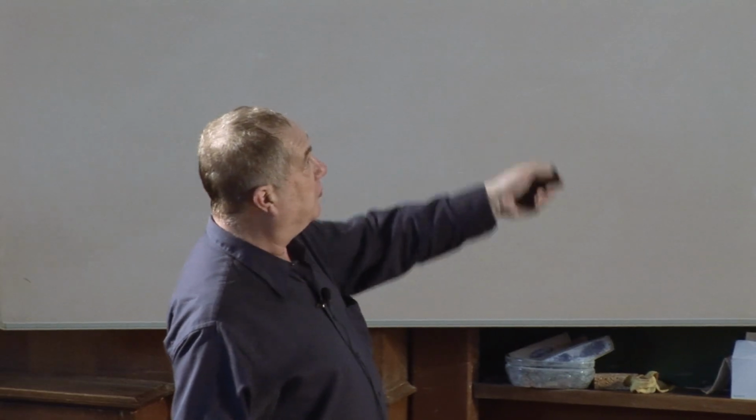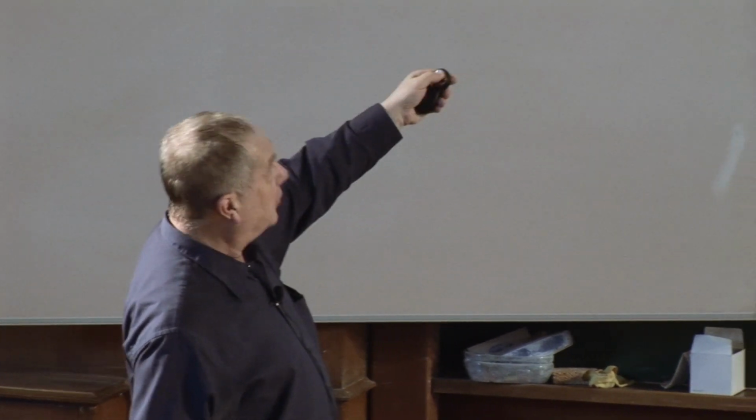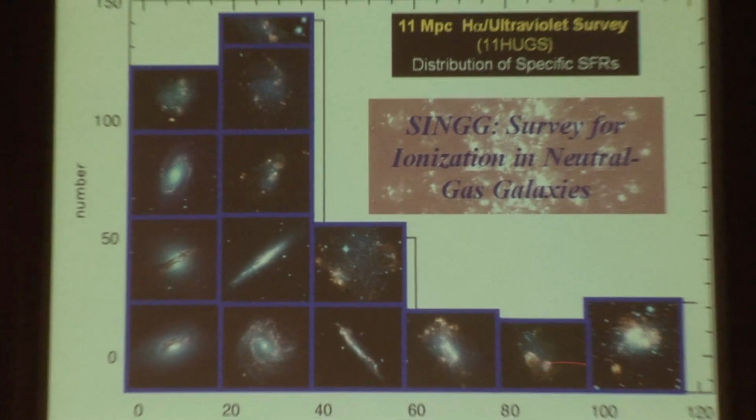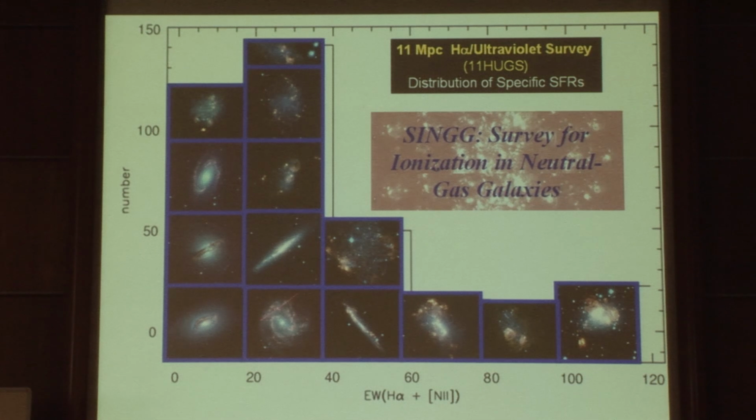And this is just a nice little diagram that Janice Lee put together. It shows the histogram of star formation rates per unit mass as measured by the H-alpha equivalent width, with examples of galaxies in the local volume that fall in these categories.